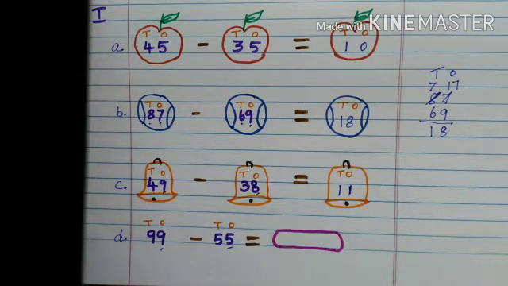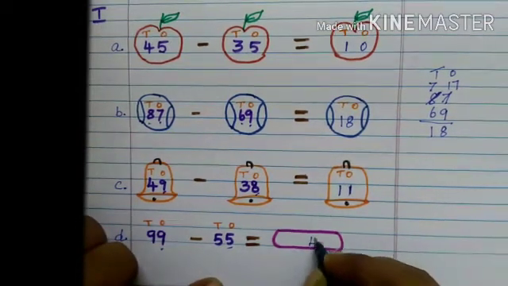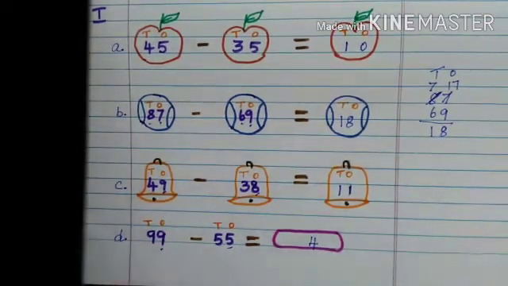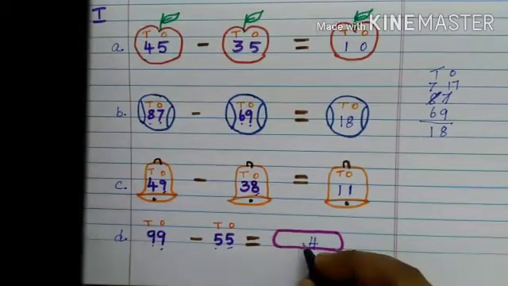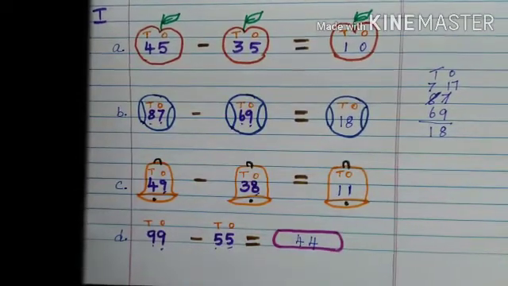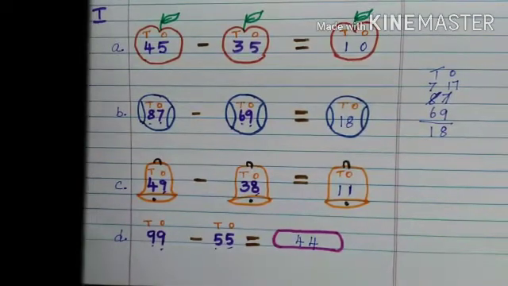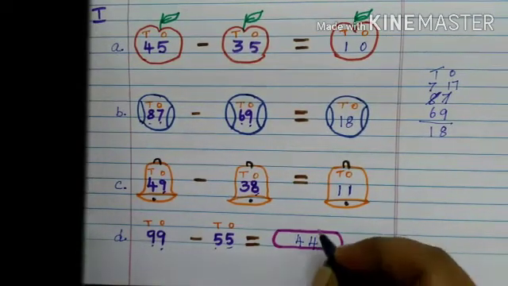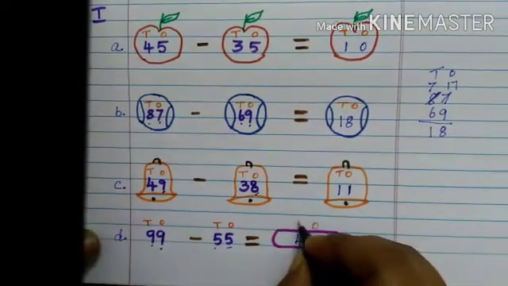Say before counting 9, before 8, 7, 6, 5, 4. Then again the same for the tens place, 9 subtract 5. You get the same answer, 44. So 99 subtract 55 is 44.